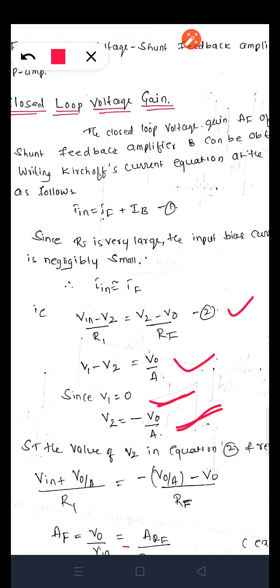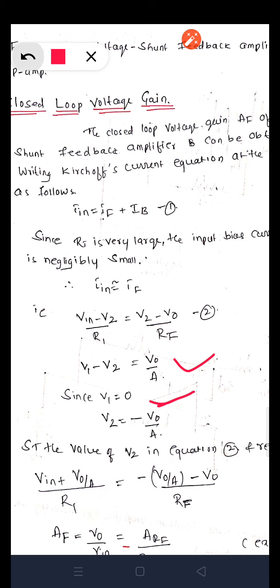The equation becomes Vin plus V0 by A divided by R1, and similarly V2 is equal to minus V0 by A, so minus V0 by A minus V0 divided by RF. This is the equation we get for our study.